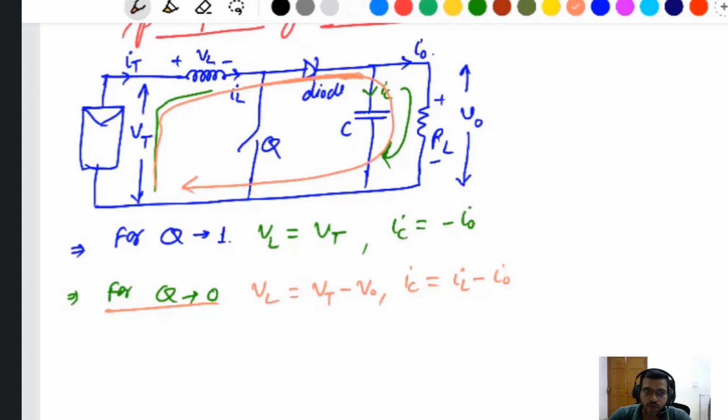If you want the inductor and capacitor to work, then you should maintain the average flux at 0. It means whatever amount of flux is charged, the discharge should be the same.